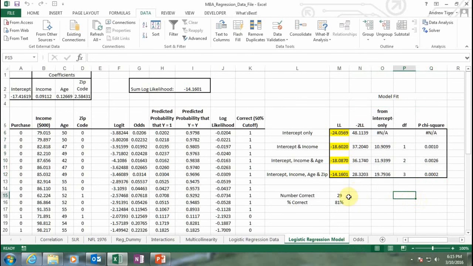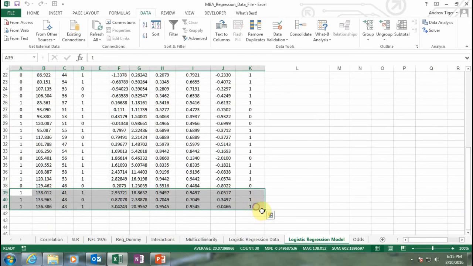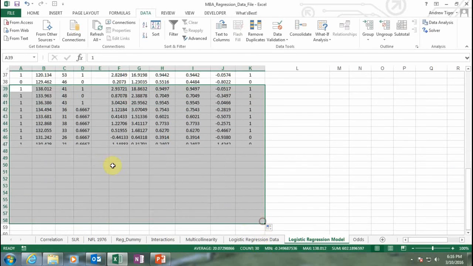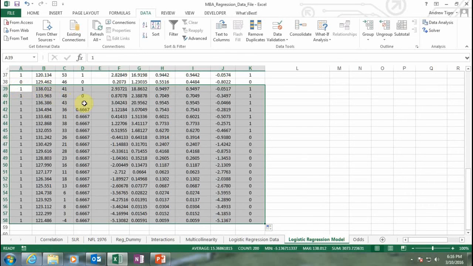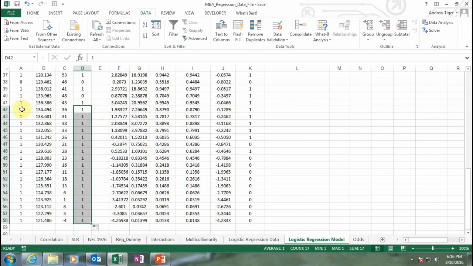I want you to be able to take this model and extend it. So how would you extend this model? Well, you can add rows, because all you have to do is copy down. Let's say I had more data. So I've added more data. This is just made up data, but this is what really happened.